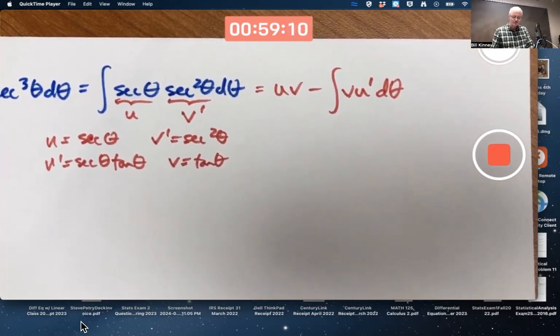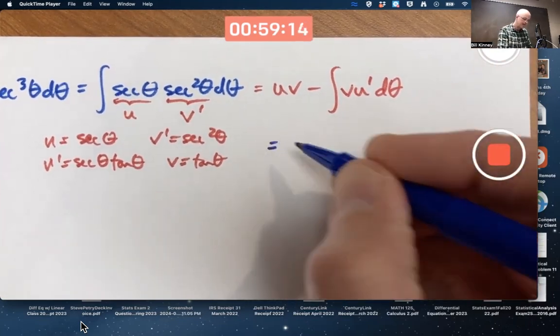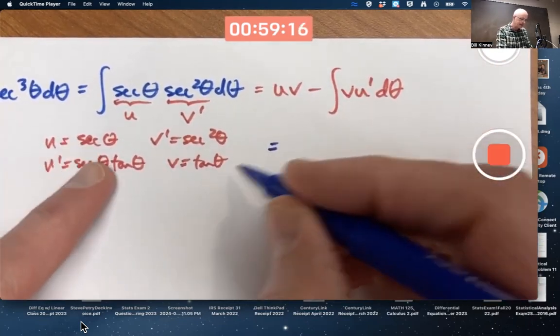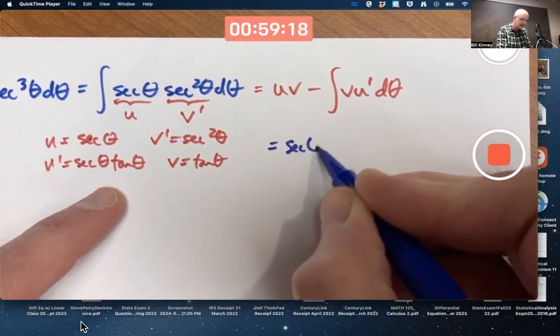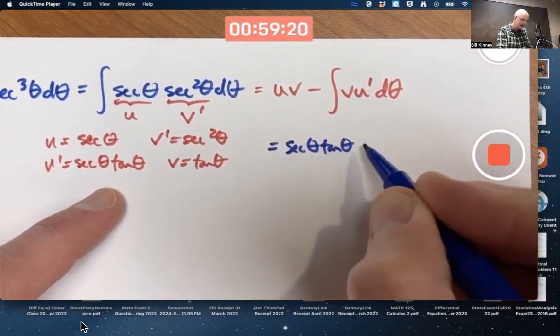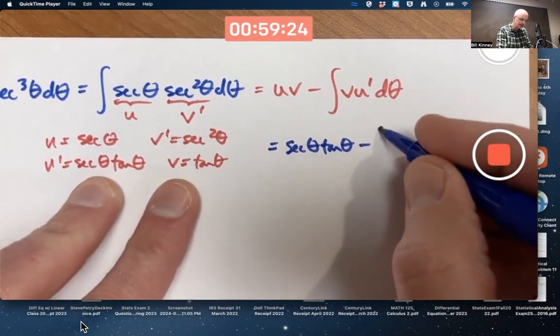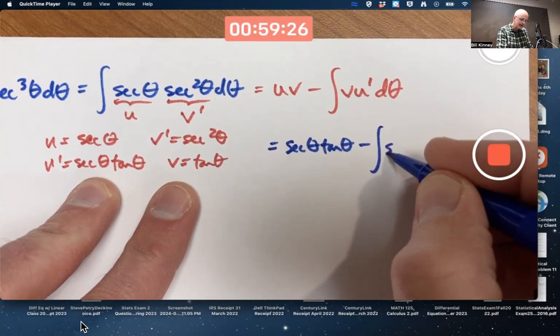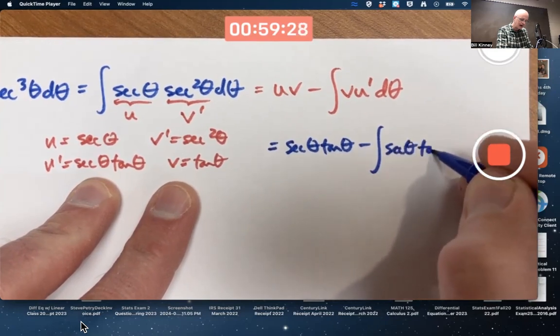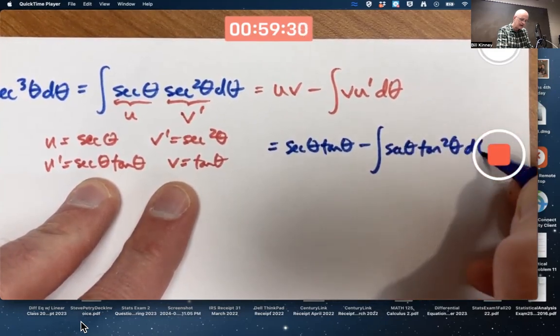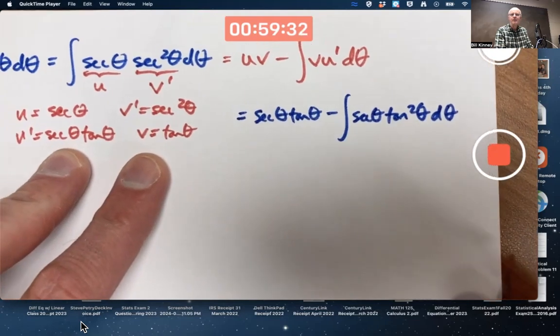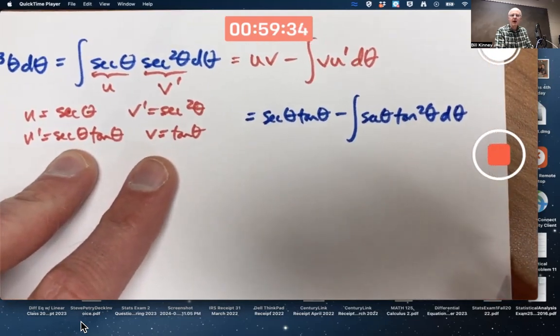Okay. Keep going. Keep trudging along. U times v is secant theta tan theta minus the integral of v times u prime as the product of these two things. Yeah. Secant theta tan squared theta. Don't despair. We are going to be able to do it.